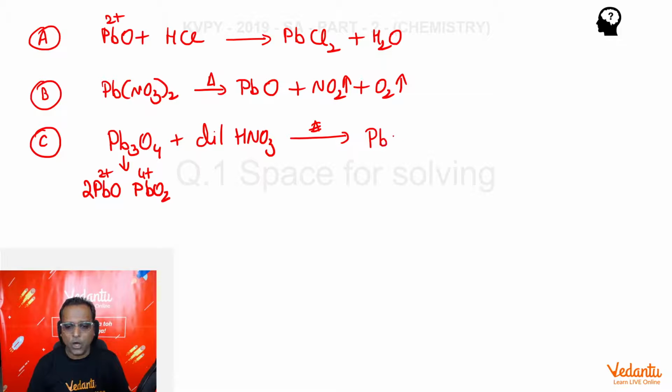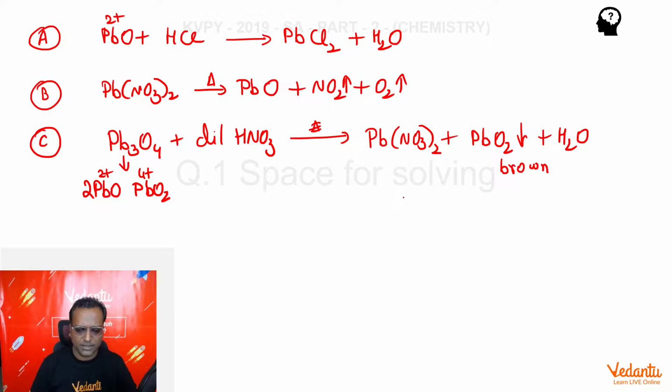So lead oxide being amphoteric dissolves in the acid, forming lead nitrate with +2 state, but PbO2 remains behind as an insoluble precipitate, brown colored. Right? Now, what happens to the hydrogen? Hydrogen is released as water.